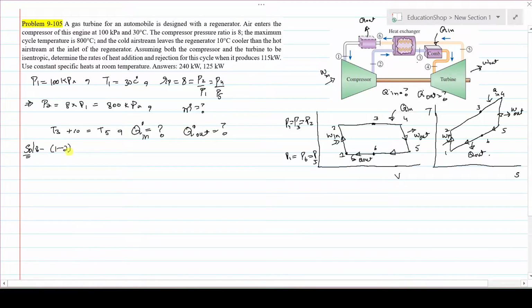Process 1 to 2, that is isentropic process in the compressor. We can say T2 divided by T1 is equal to P2 divided by P1 to the power gamma minus 1 divided by gamma. Remember, value of gamma is 1.4 and the Cp value is 0.005. Now just simply put the values and you will get the T2 values.